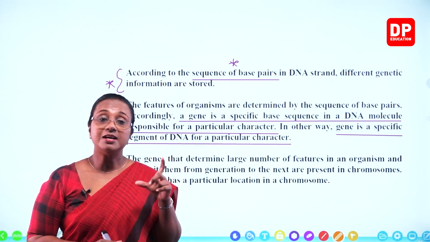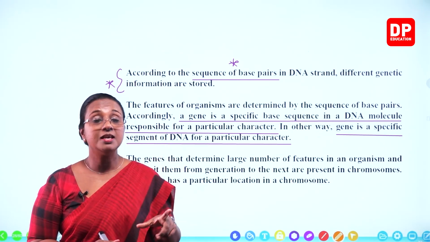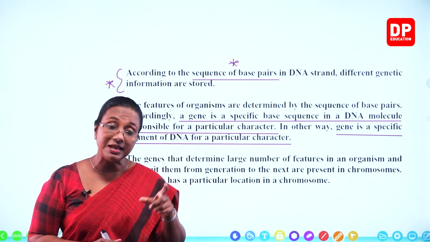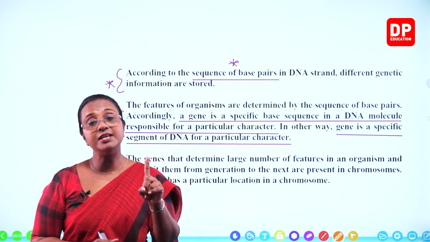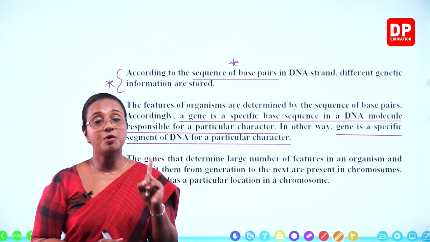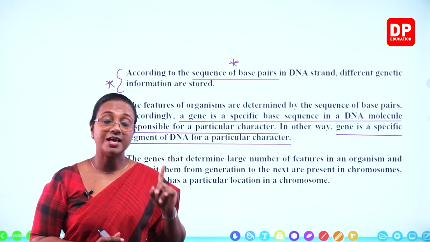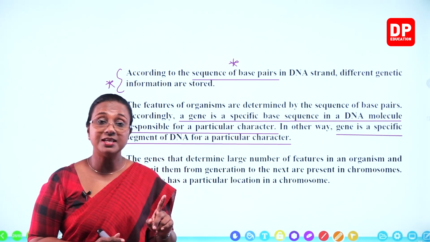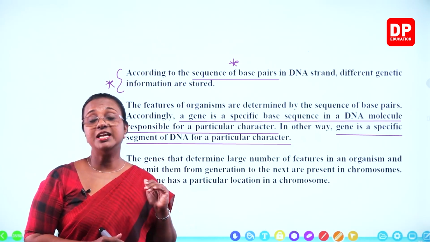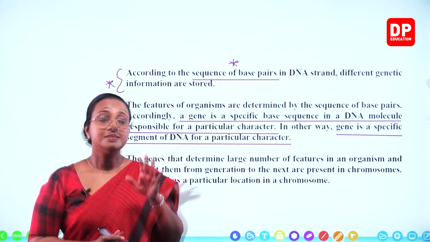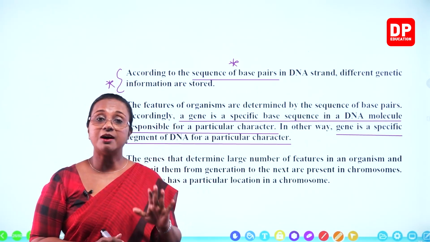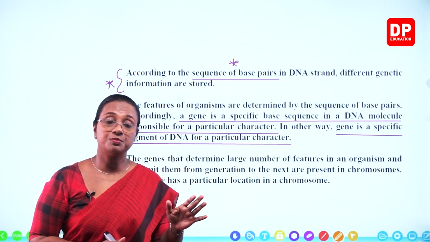So genes are an arrangement of base pairs. There are many genes present in one DNA molecule. One nucleic acid, deoxyribonucleic acid, has a lot of genes arranged in it. Such DNA molecules are what we call chromosomes.